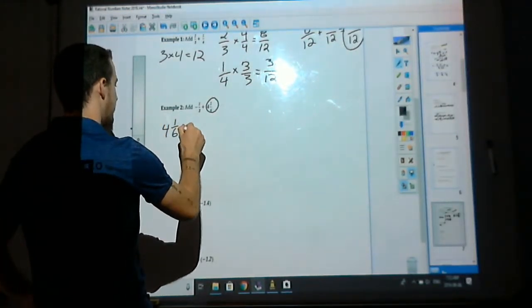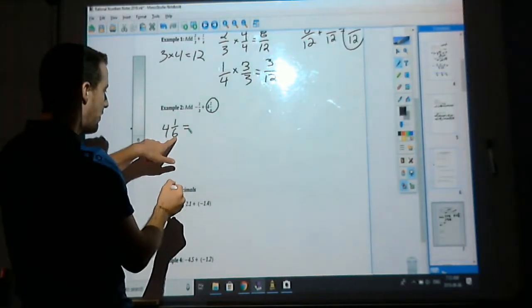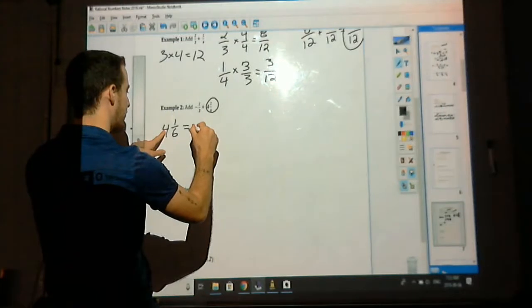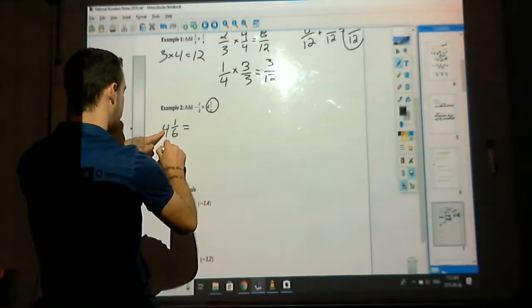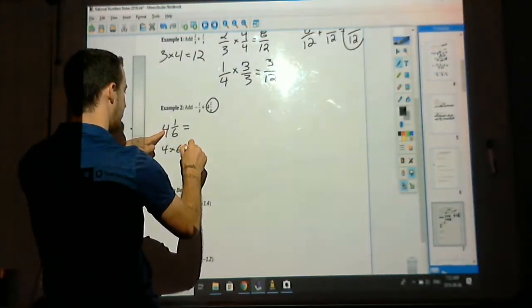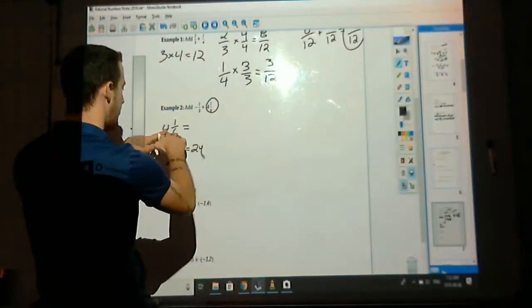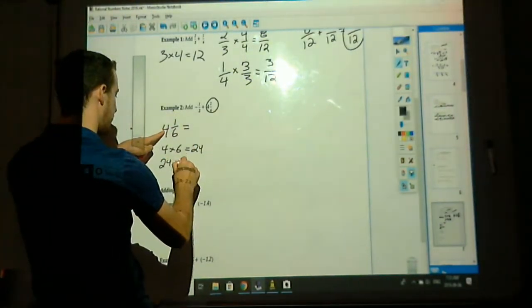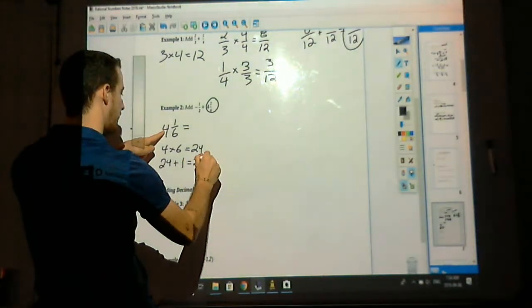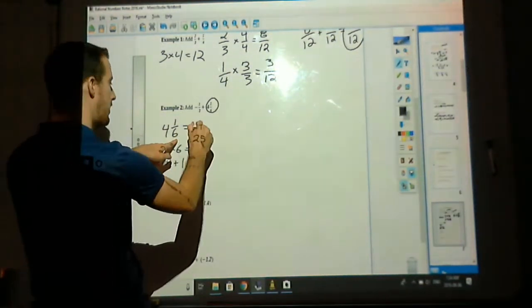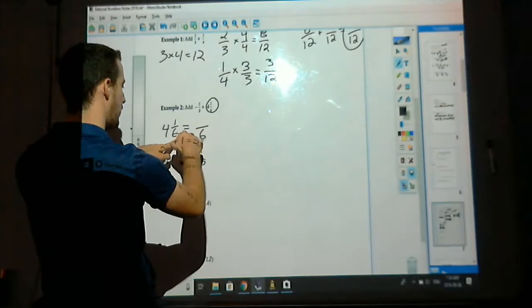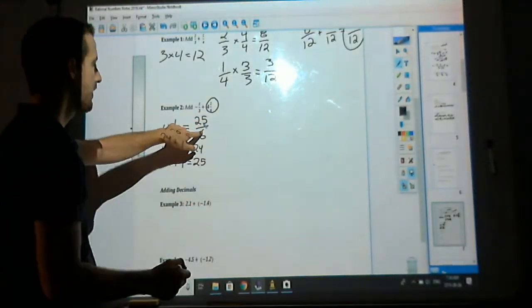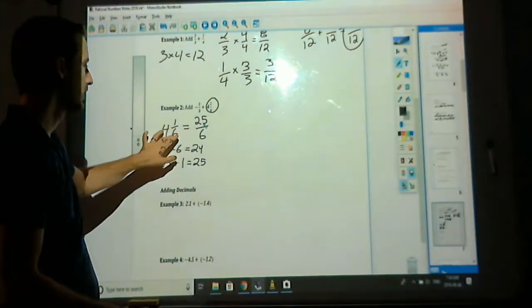Again, we take the denominator and multiply it by the whole, so 4 times 6 is 24. We'll just do that underneath. Then we add it to the numerator, so 24 plus 1 equals 25. And our denominator stays the same, so over 6. So 25/6 is the same as 4 and 1/6.